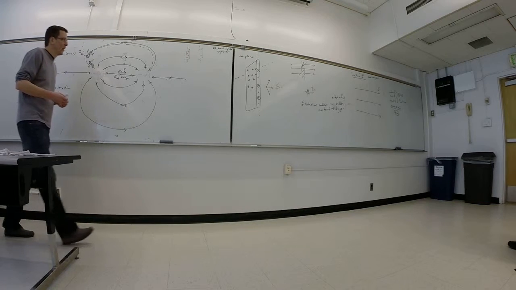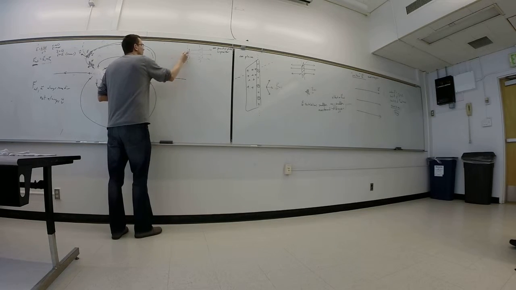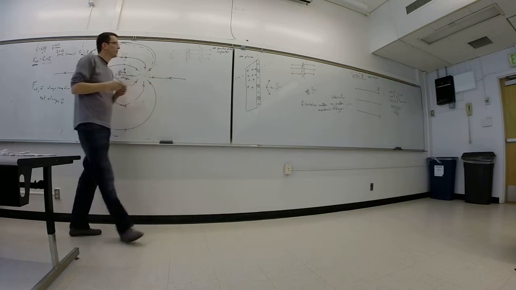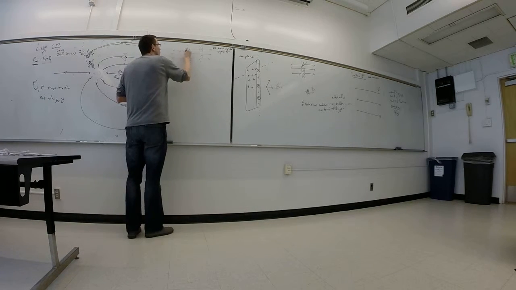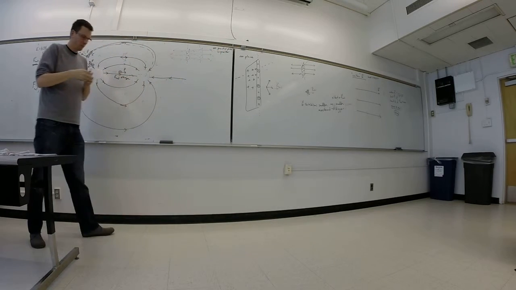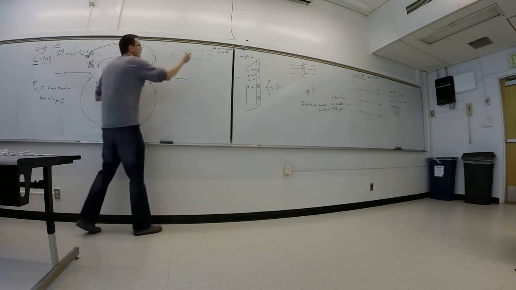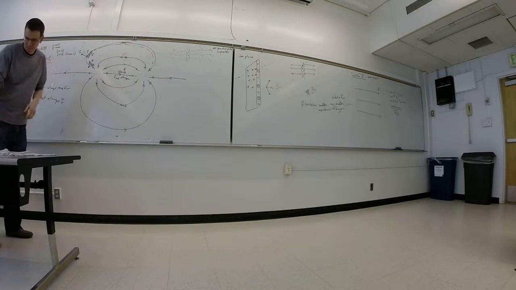Let's go ahead and sketch out what this field looks like. So positive, it goes radially away, like that, everywhere into space, and then negative, it goes radially toward, everywhere in space. So let's reason out what happens.